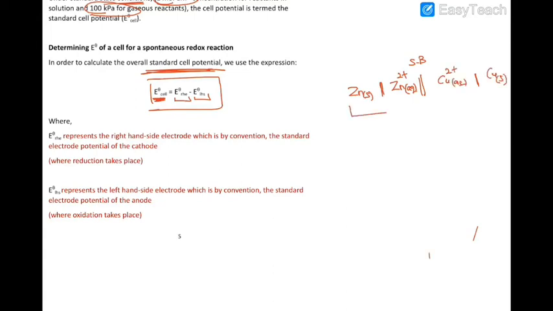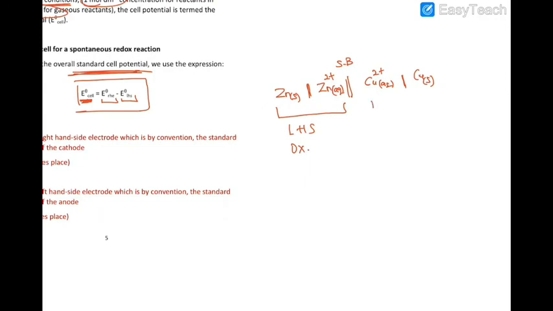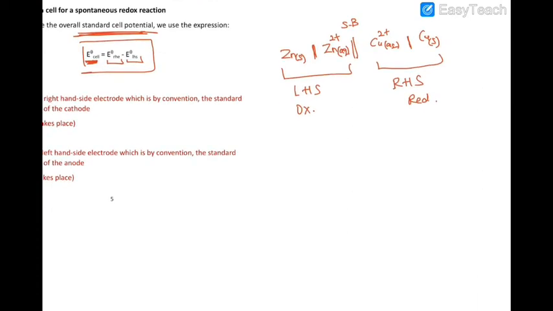So this part, this is the left hand side. The left hand side is where oxidation takes place, and the right hand side by convention is where reduction takes place.